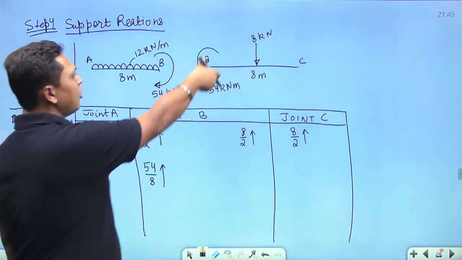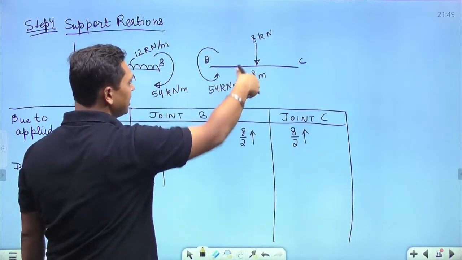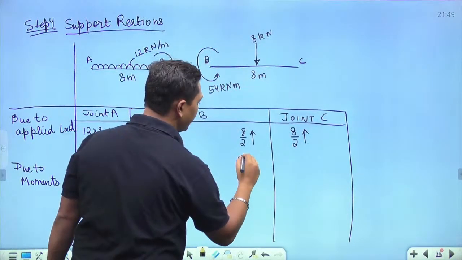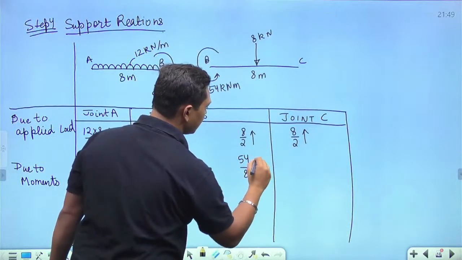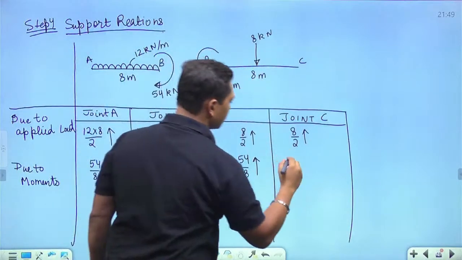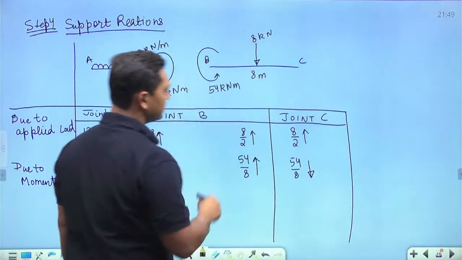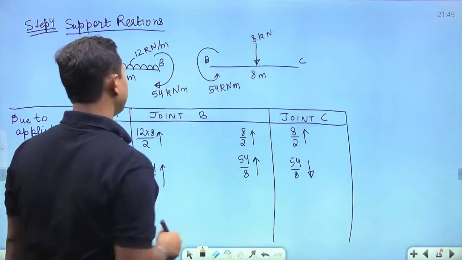Similarly over here it is anti-clockwise, so the resisting couple will be clockwise, so it is going to be 54 by 8 in the upward direction, and here it is going to be 54 by 8 in the downward direction. Okay, clear?